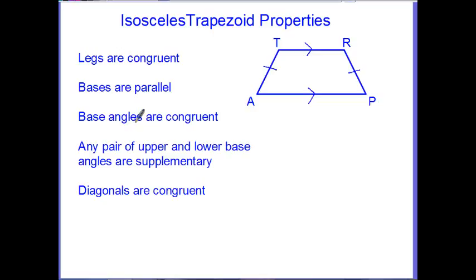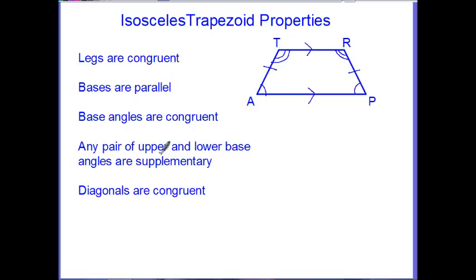Next, base angles are congruent. Now, we have two bases. The way this is oriented, we have a top base and a bottom base. The angles on the bottom base are going to be congruent, and the angles on the top base are also going to be congruent.